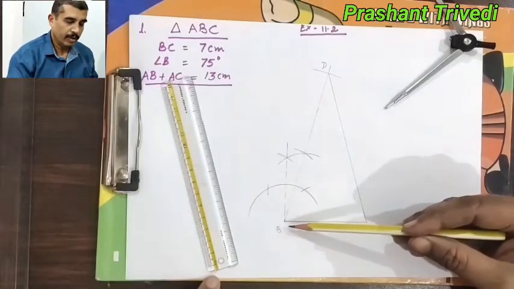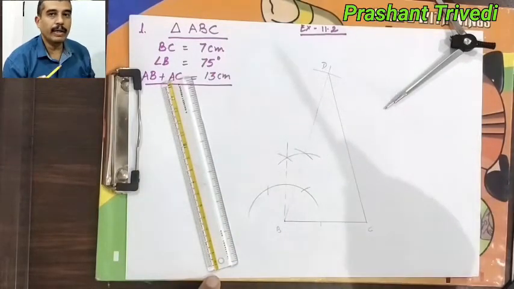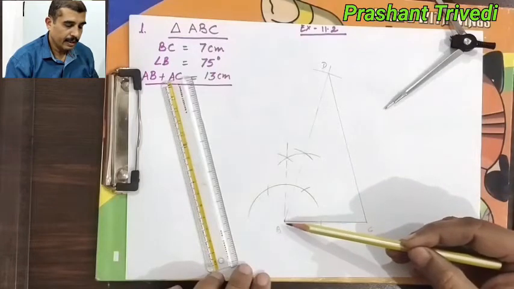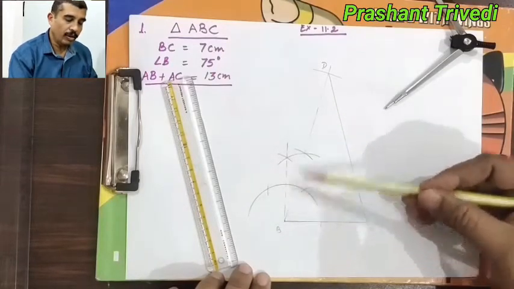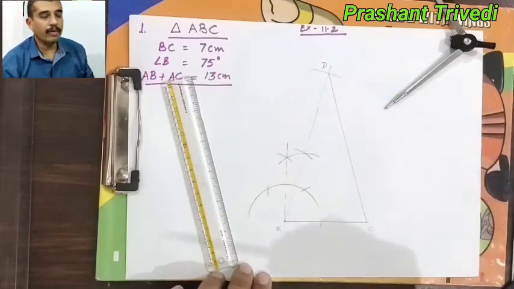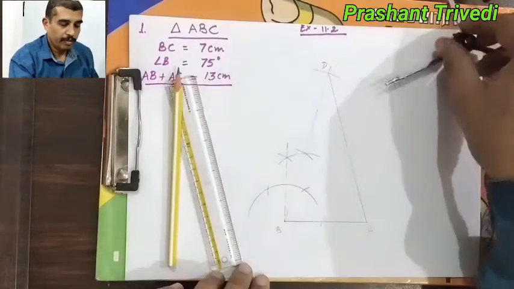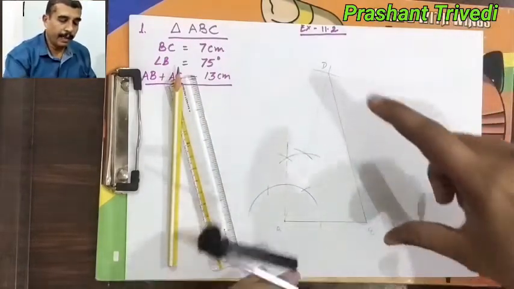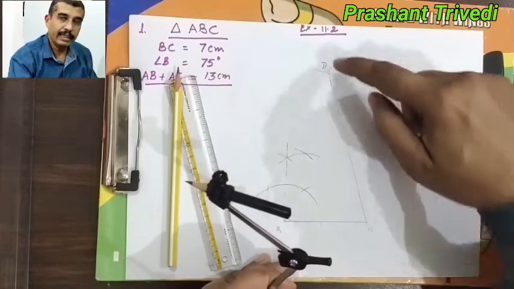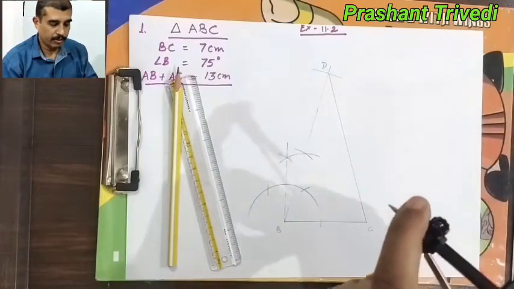Now we require a point A. That point A will lie on the line BD. How to find that point? We'll make the perpendicular bisector of line CD.